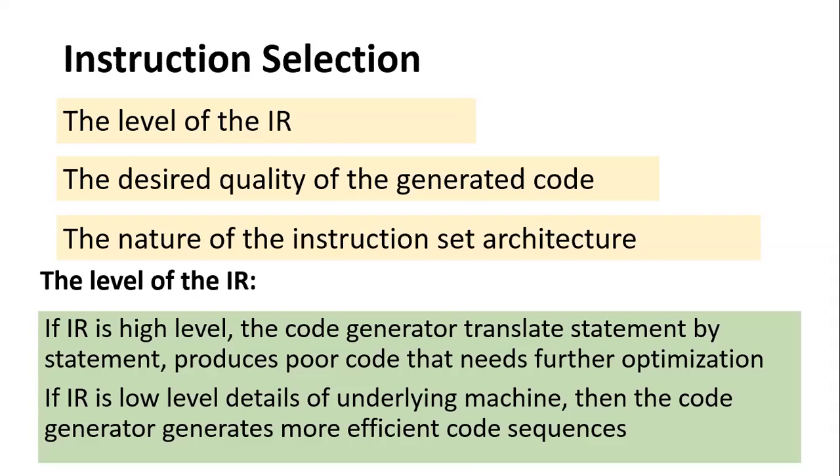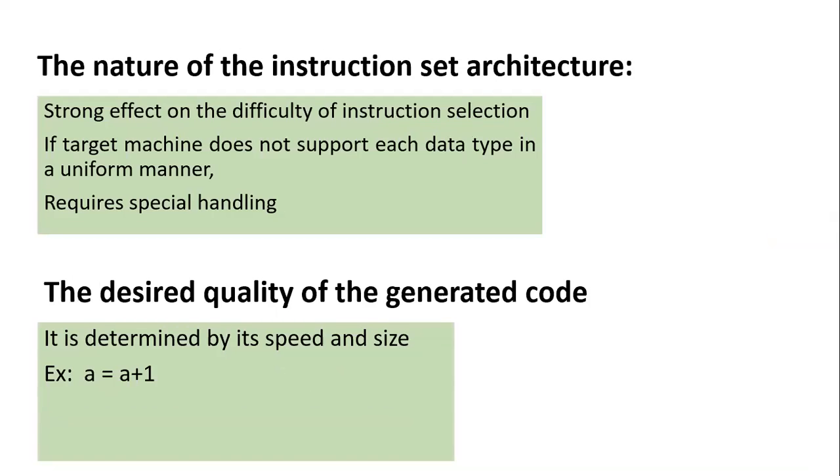After the level of the IR, next is the nature of the instruction set architecture. It has a strong effect on the difficulty of instruction selection.